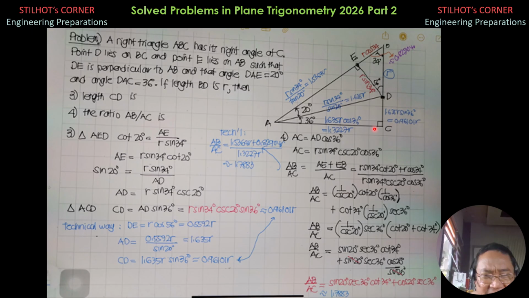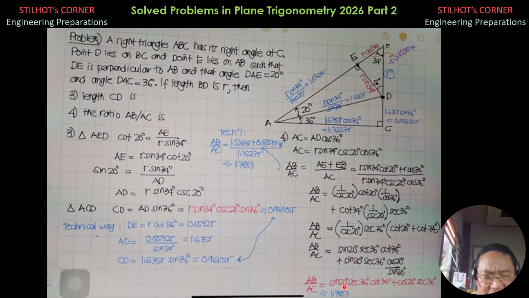That's AC. So AB over AC, therefore the technical way is this value plus this value divided by 1.3227 r. So 1.7883, which is the same as this if you evaluate this using your calculator.